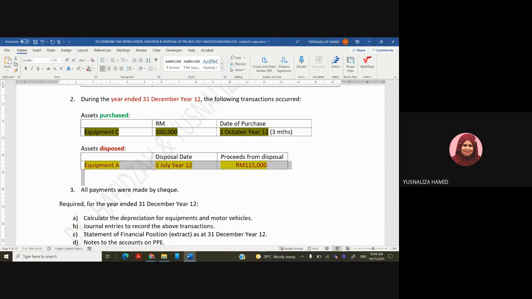So basically, that was actually under the straight line method. You dispose on 1st of July, and from 1st of January, year 12, until 30th of June, year 12, the asset is still with you, right?